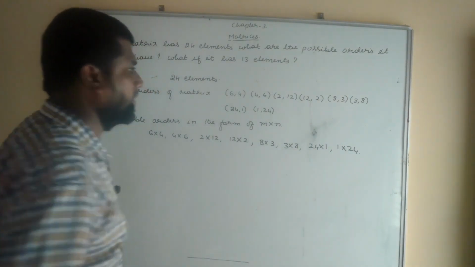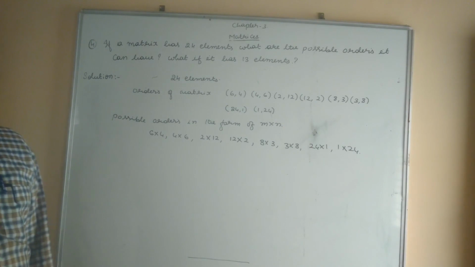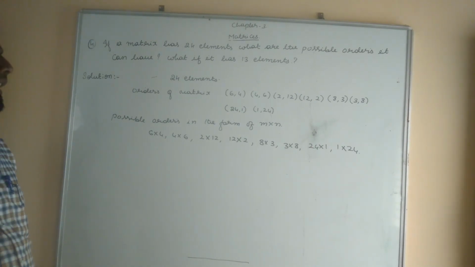These are the possible orders for 24 elements.